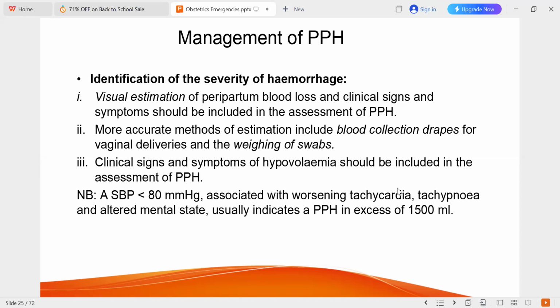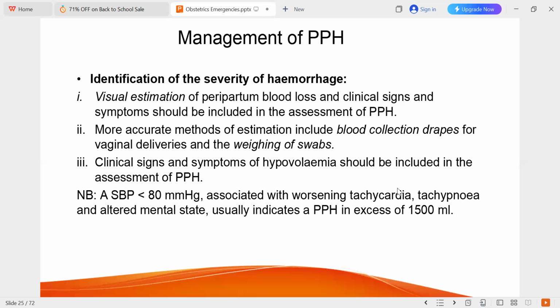So number one, visual estimation of the peripartum blood loss vis-a-vis the clinical signs and symptoms. All right. More accurate methods include blood collection drapes. You want to look at the drapes and the weighing of swabs. Okay. Clinical signs and symptoms of hypovolemia, all right, should be included in the assessment of PPH.